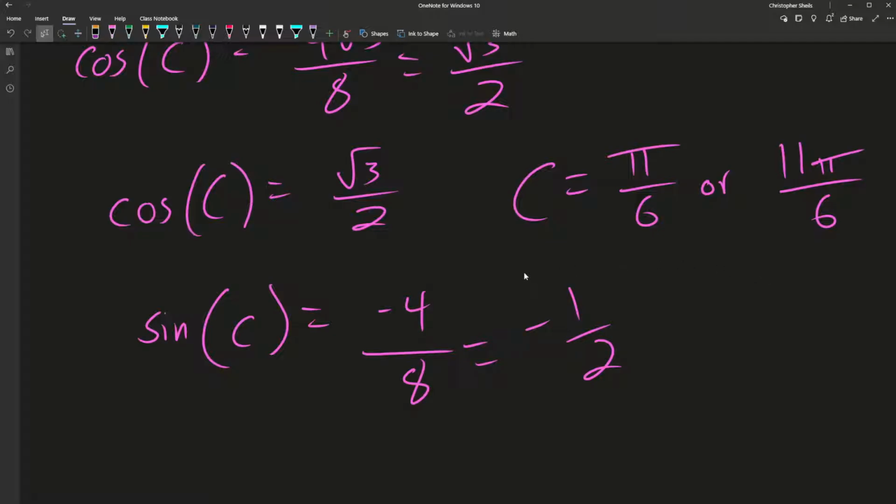Without even having to look at where the sine function has a value of negative 1/2, I know that this has to be on the bottom half of the unit circle. This has to be quadrant 3 or 4, because those are the quadrants where sine is negative. This angle is in quadrant 1. This angle is in quadrant 4. It's going to have to be that one.